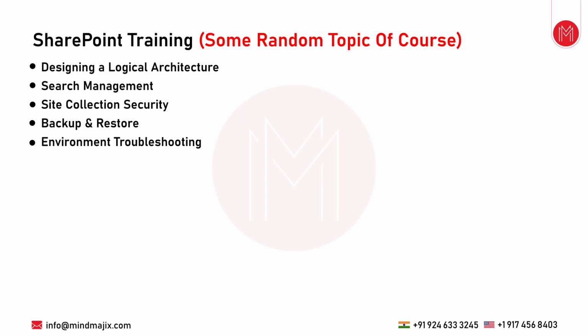Whether the person is not able to search the items, or the items are not being crawled into the environment, or whether any query rules or alert rules are stopping this search. Everything we can check based on our ULS logs.